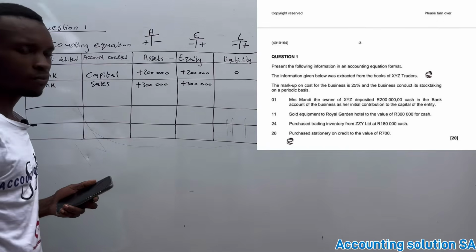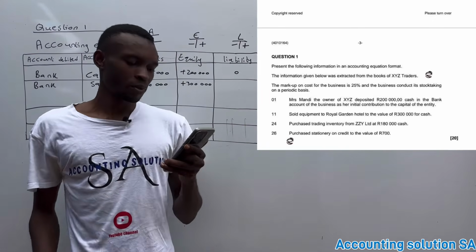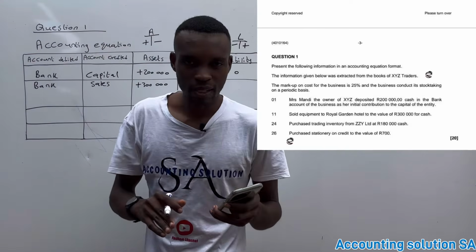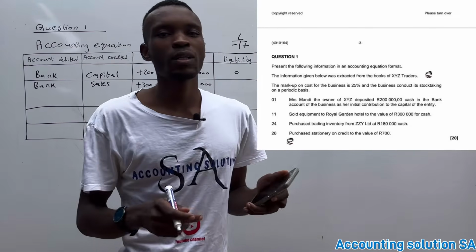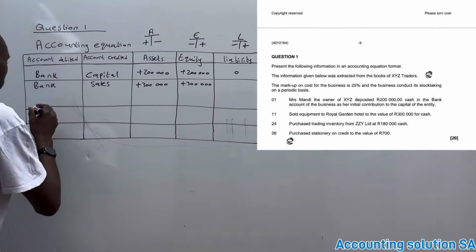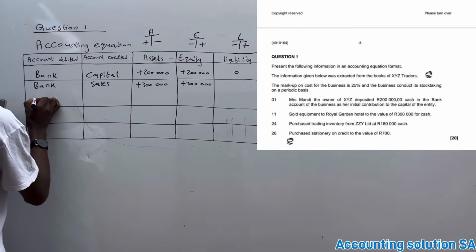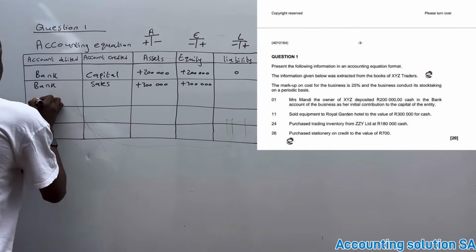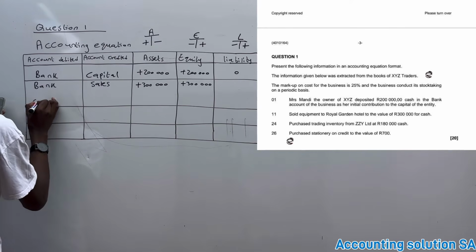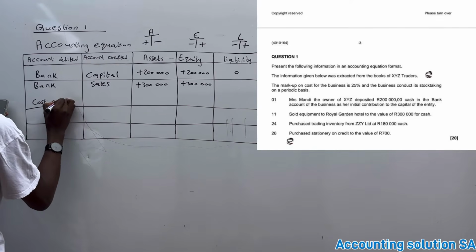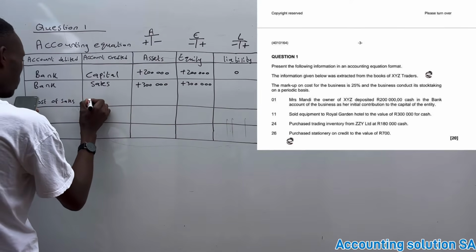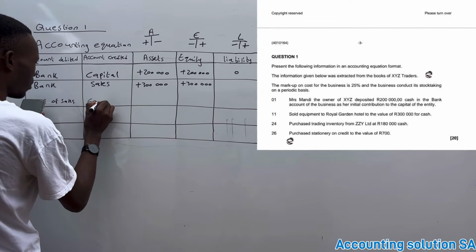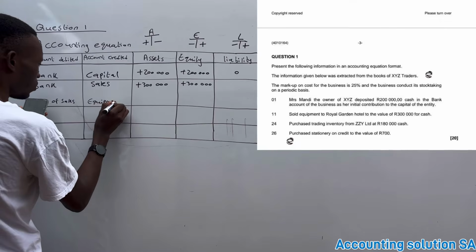Okay, then after that, remember they said that we have to use a markup of 25%. It simply means that whenever we record sales, we also have to record cost of sales. Then we sold equipment, and the equipment was sold.